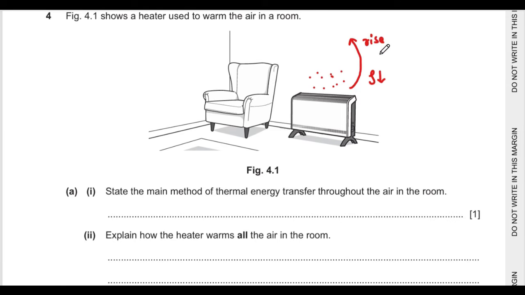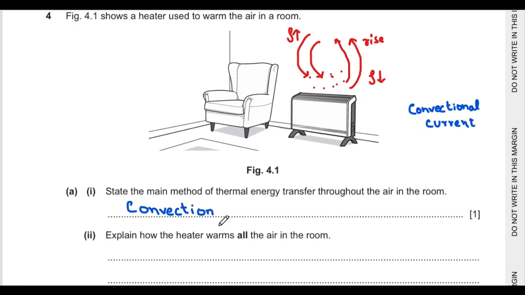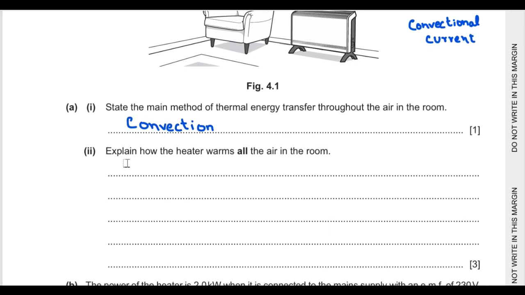Now the air above that is already cool and has greater density will come and fill the place, and then the heater will heat that air, and again the density will decrease and the air will rise, and from above the cooler air will come and fill the place. This flow of air is known as convectional current. So answer to the first question is that air is warmed by the process of convection.